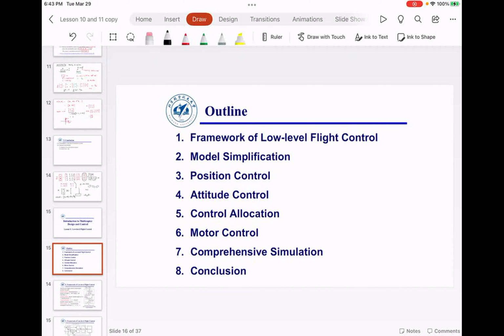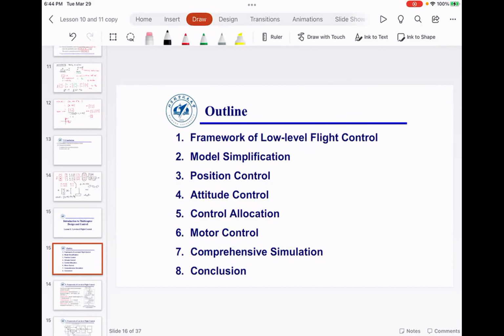That control allocation results in low level hardware programming for the motor control. And you can verify all this logic using a simulator, either one we have created or one given inside MATLAB.